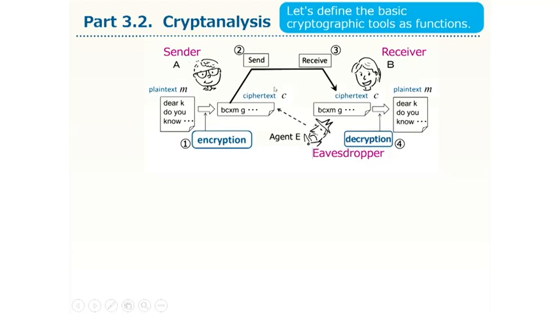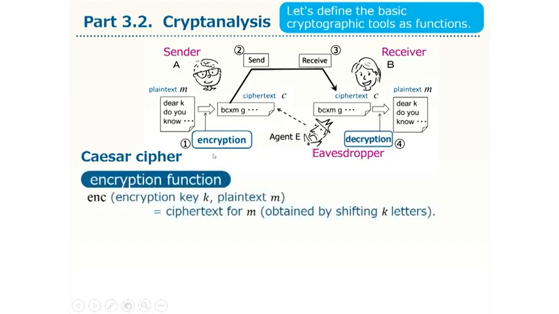Let's look at this basic flow in more detail. Considering this using functions should provide some clarity. As our example, let's consider the Caesar cipher and discuss what kind of functions are needed here. First, we need a function for encryption. Let's name it enc.